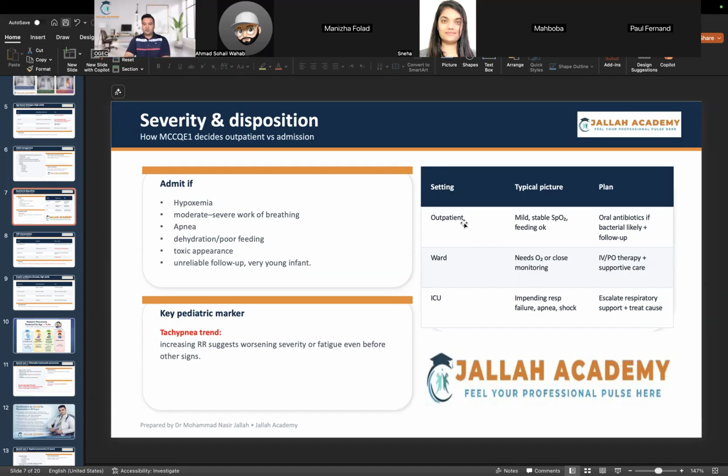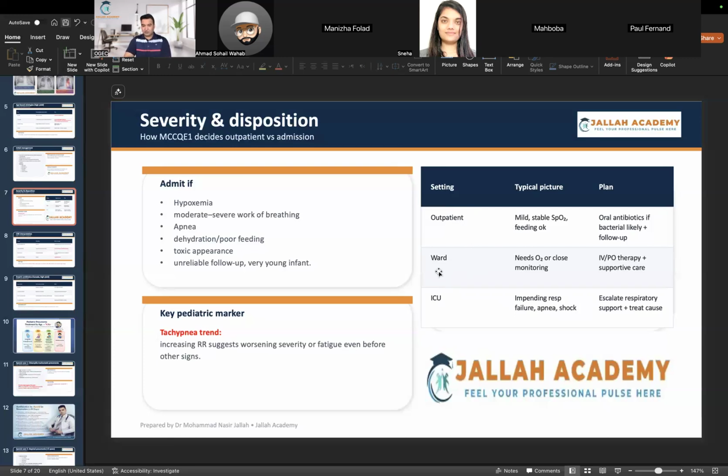Setting, outpatient: typical picture is mild, stable, oxygen saturation is okay, feeding is okay. So why would I bother admitting the patient, right? What I do is oral antibiotic if bacterial is likely, plus follow-up. If it is viral, not bacterial, then we just do supportive treatment as an outpatient.